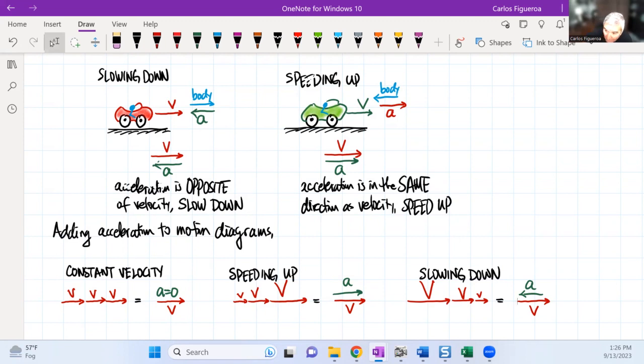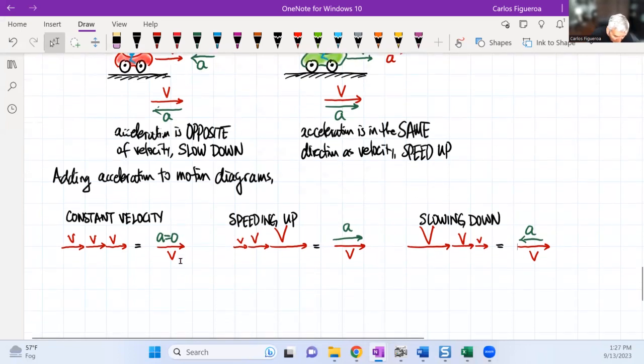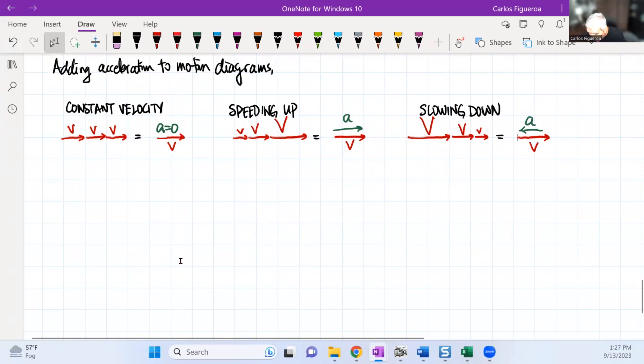Okay, now what we should do here is talk about how we use the word acceleration in physics. And here's where we get into tricky language.